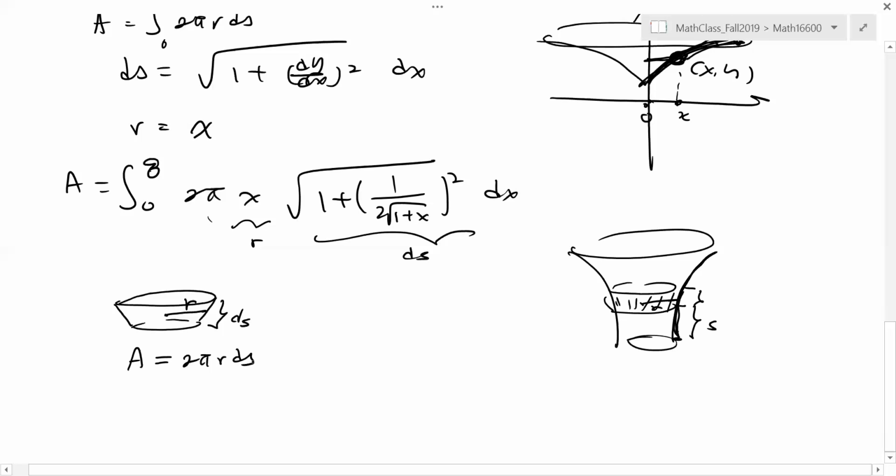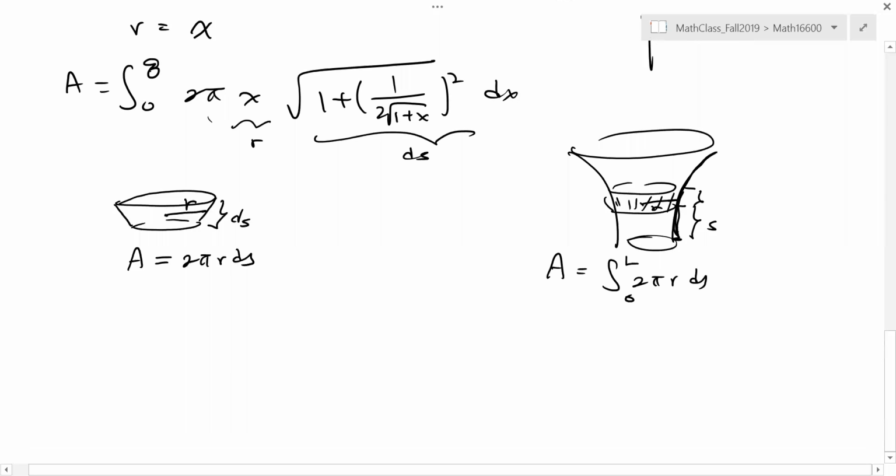You cut the whole surface into many small slices, express the area of each slice using 2 pi R ds, then add them together. The total area is the integral of 2 pi R ds from 0 to the end. That is our formula, and you can use it to evaluate the surface area.